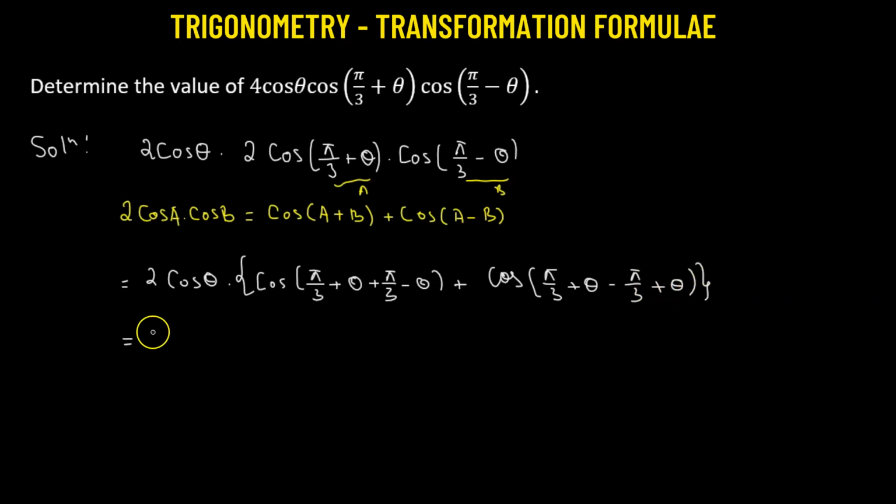So this will be equal to 2 times cosine theta times cosine of 2 pi over 3 radians, where theta and theta cancel out, plus cosine of 2 theta, because pi over 3 and negative pi over 3 cancel out. Fine. Now our goal will be to find the value of cosine 2 pi over 3.